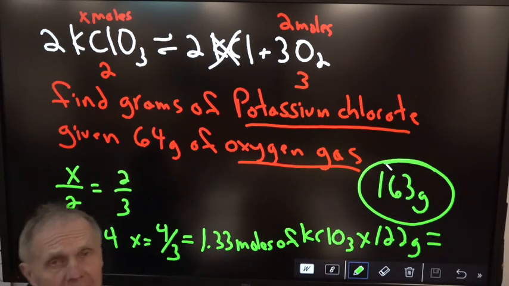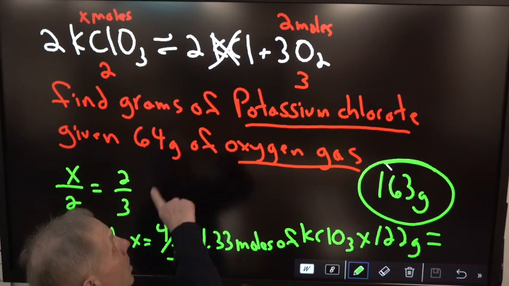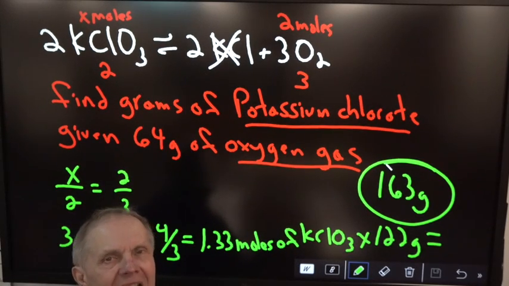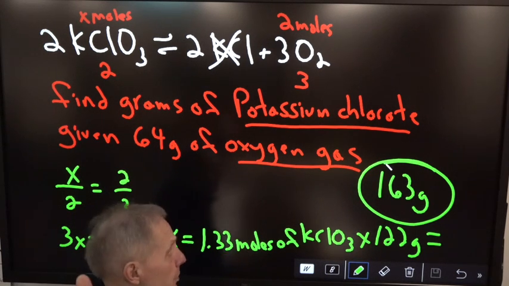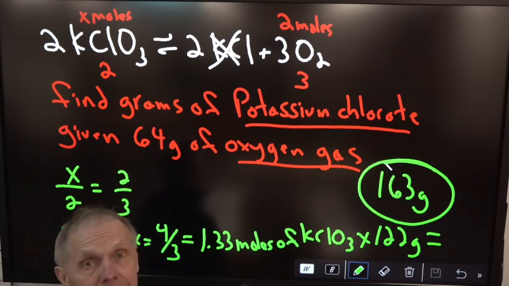So there is my answer. So the big deal is this. If it's not mole to mole, you have to get into moles and get out of moles. Okay? That's why the previous video showed you getting in and out of moles. Okay? All right. We're good.